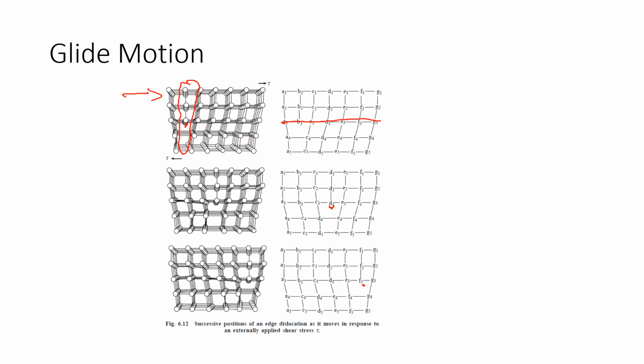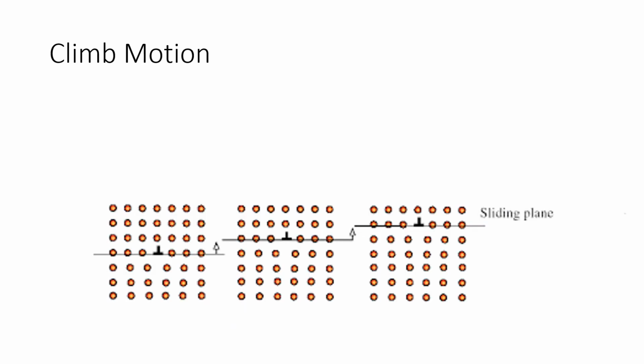The next type of motion is called climb motion. The motion of an edge dislocation on a plane perpendicular to the glide plane is called the climb motion. You can see here in this picture, this is the glide plane, and this is the extra plane which is not present here. Due to that, an edge dislocation occurs along this line.